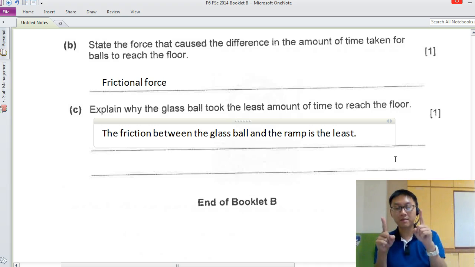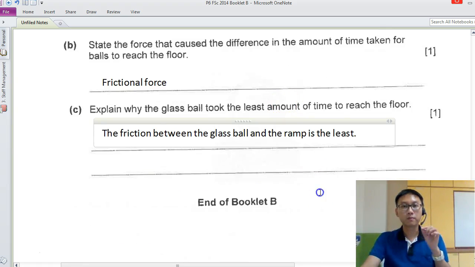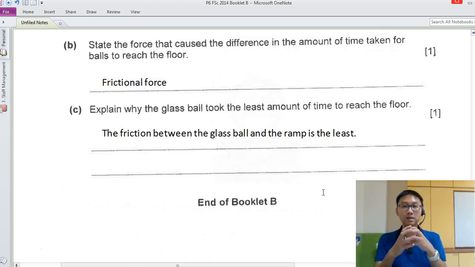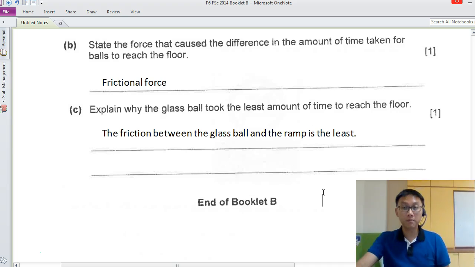When you have a shorter time, it means it's faster, like a race. Take note, that's the understanding here. The glass ball took 2.1 seconds, very fast, compared to the tennis ball at 4 seconds. So the friction is the least, so it rolls down fastest. Can? Alright, we've come to the end of this paper.